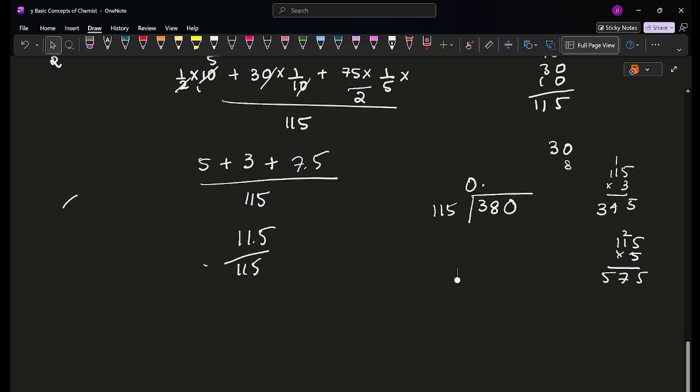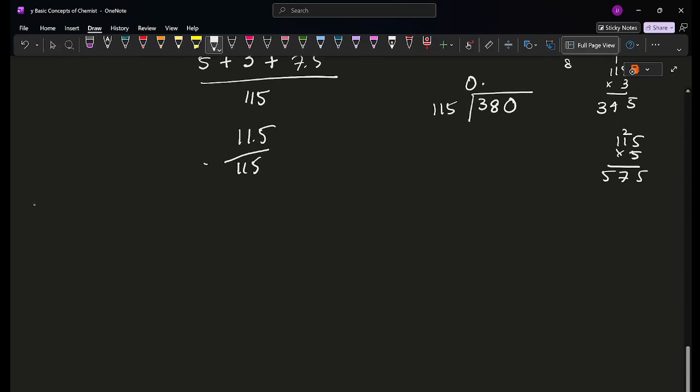So I think we can now remember that to find it, it's only going to be in terms of molarity. Even if you have normality, you need to convert it into molarity by dividing it with the n factor of it. Okay, so now let's go to the next question.